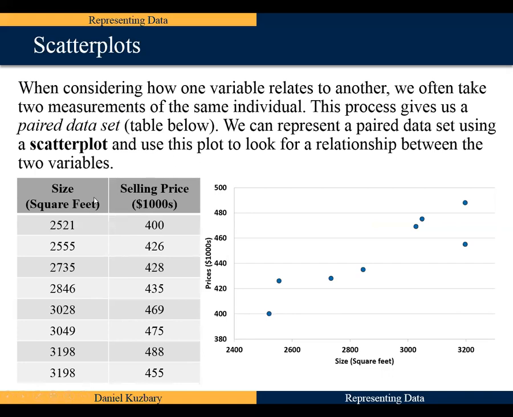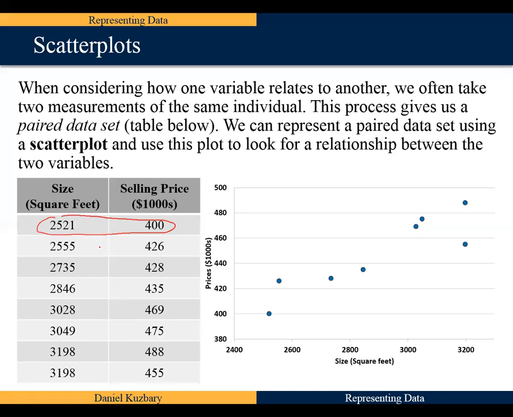So for instance, I'm looking at the size of houses that are on the market compared to how much money they sold for in $1,000. So for each house, I'm gonna take a measurement of its size, and I'm gonna take a measurement of its selling price. And so you see these numbers go together because they're from the same house. That's why we call it a paired data set. So we assume each one of these rows is a different house or a different individual.